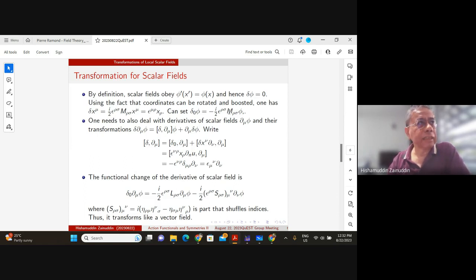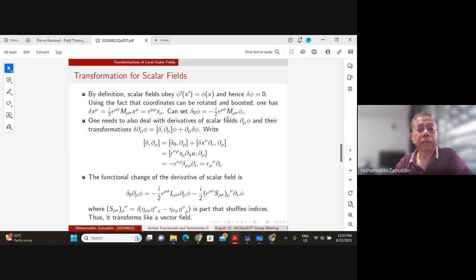But scalar fields are not the only thing that we will consider when you build up your action functional, because you would also need some derivatives. You remember the Klein-Gordon equation, for example. There will be a term which is d mu phi. So the ingredient is still scalar fields, but you need to consider the derivatives of your scalar field.